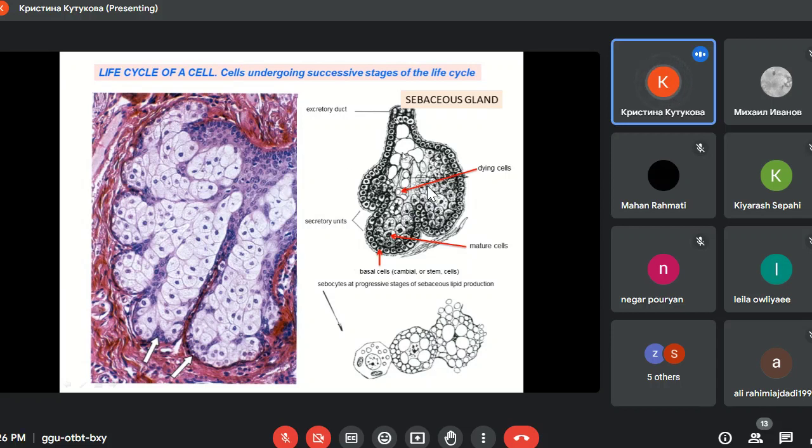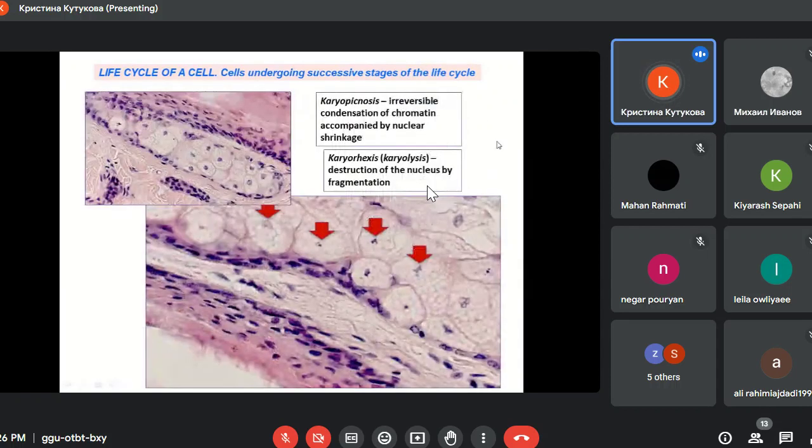And this vesicle filled with lipids is then removed through the excretory duct towards the surface of the skin. And here you can see the stages of death of the cell. And these stages include karyopyknosis, karyorhexis, and karyolysis.